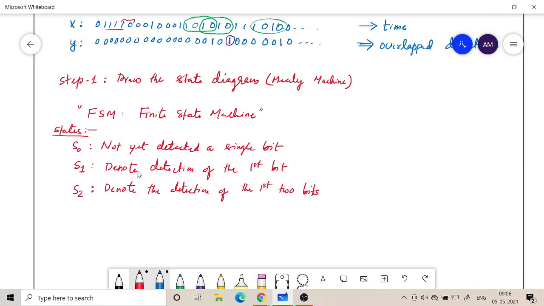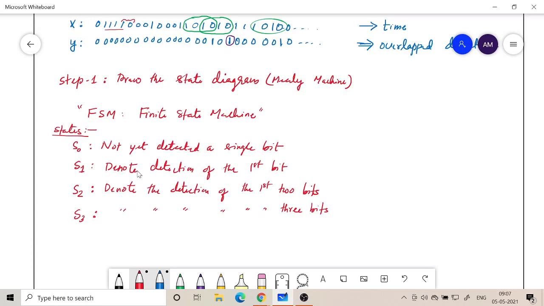Okay, in our case it is 1 0. Then S3 again denotes the detection of the first 3 bits.